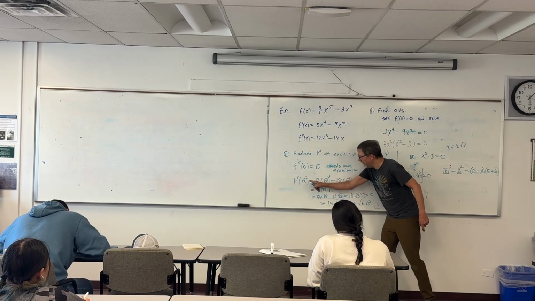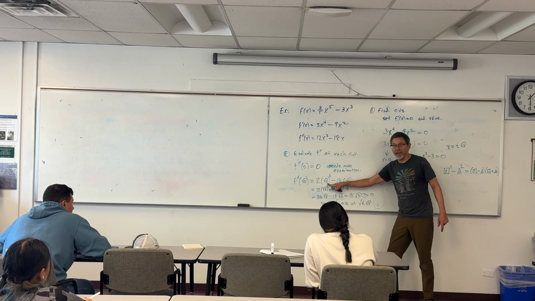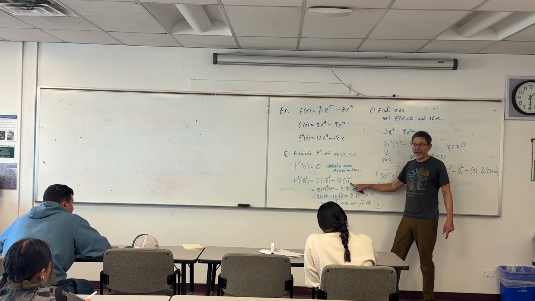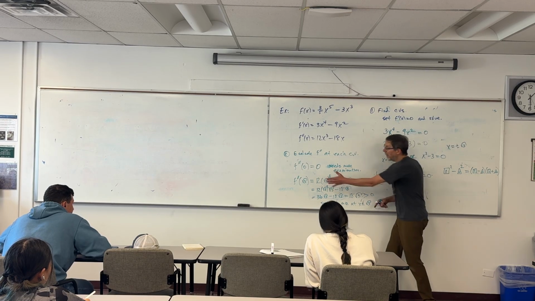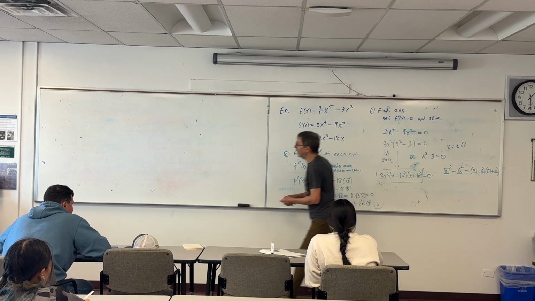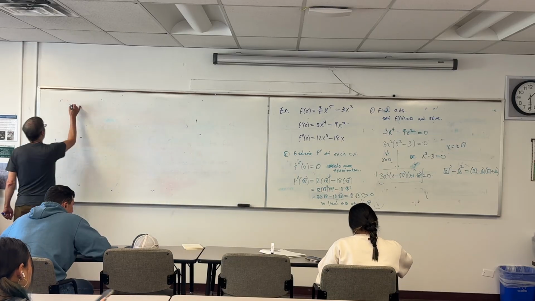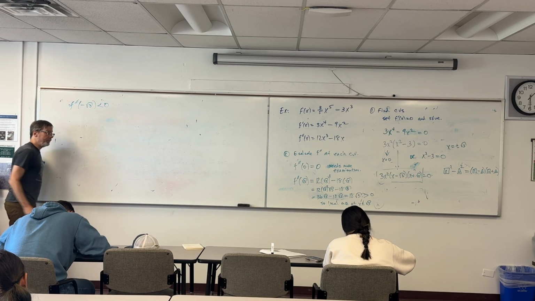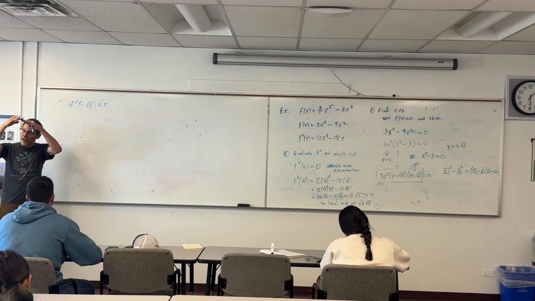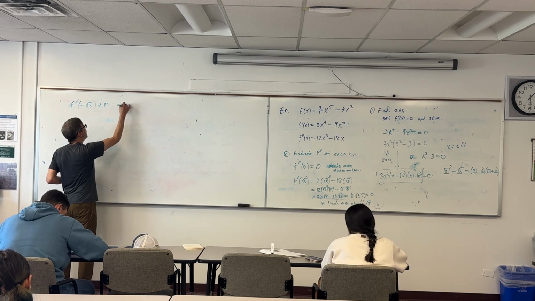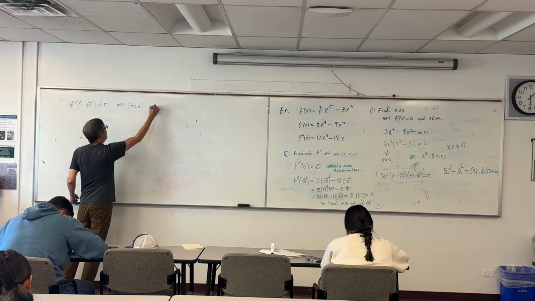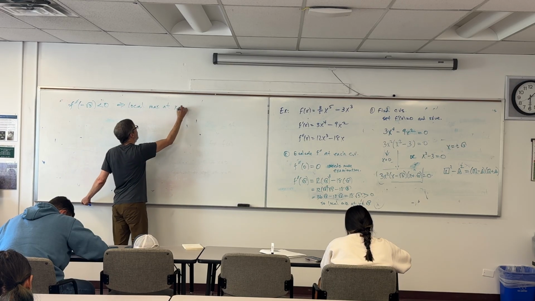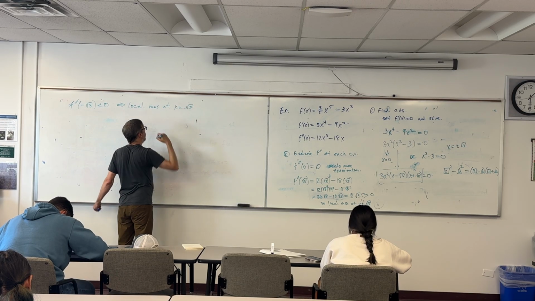If I put a negative on here, I cube it, it becomes negative. And here it becomes negative as well. So it literally just changes the sign of the second derivative. So f double prime of negative root 3 is less than 0. And that is a local max. Local max at x equals negative root 3.